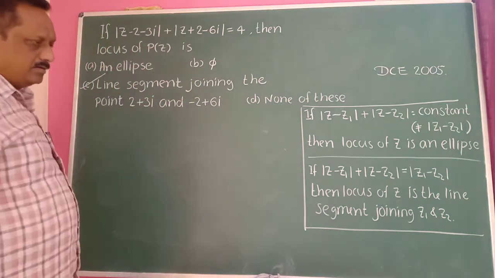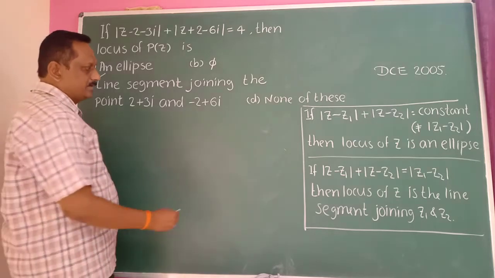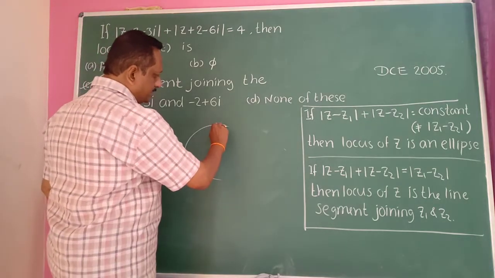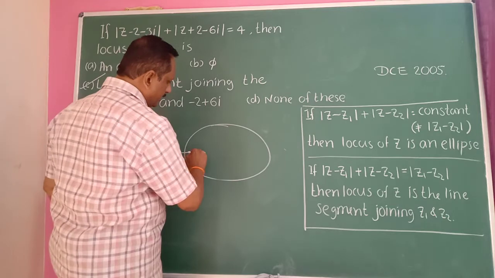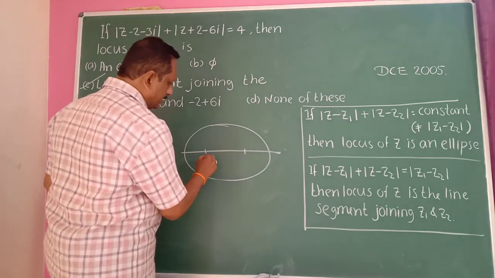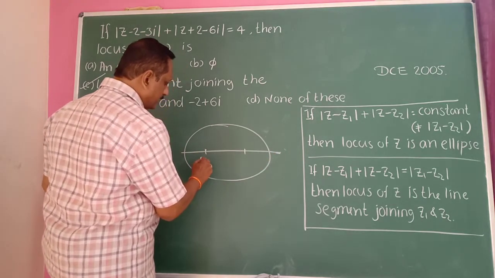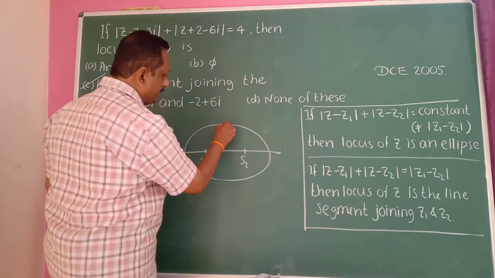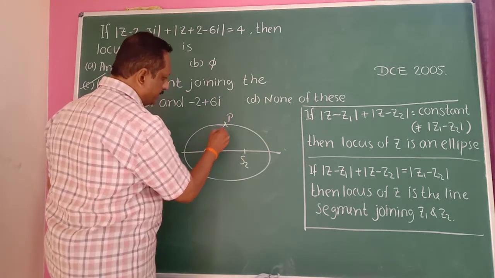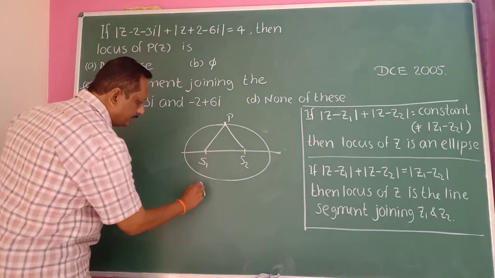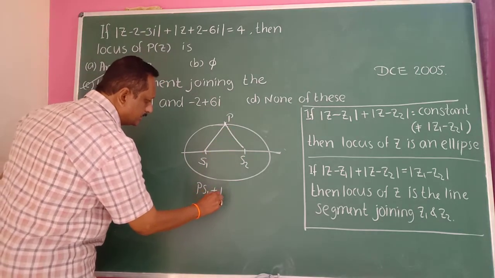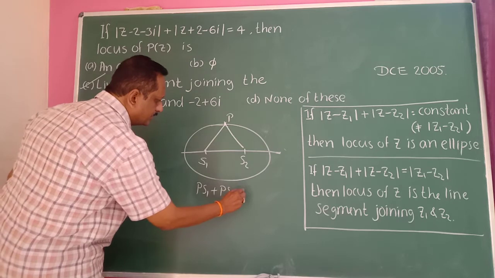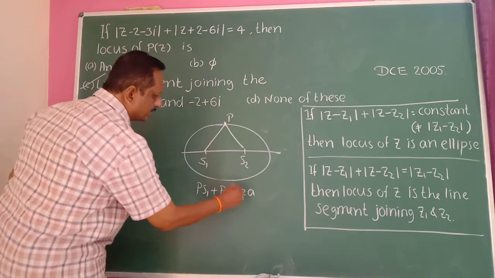you know the definition of an ellipse. If this is an ellipse, then consider this one as S1 and this one as S2, and here is a point P. Then PS1 plus PS2 is equal to the constant 2a.